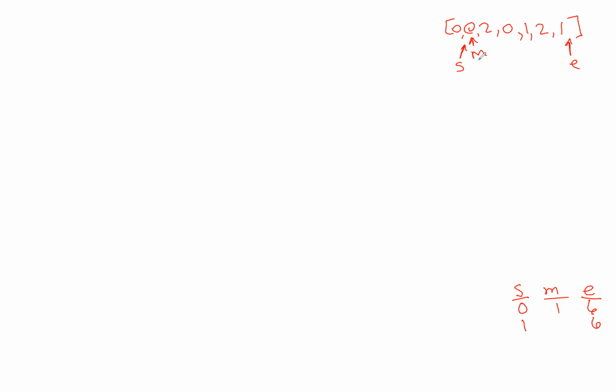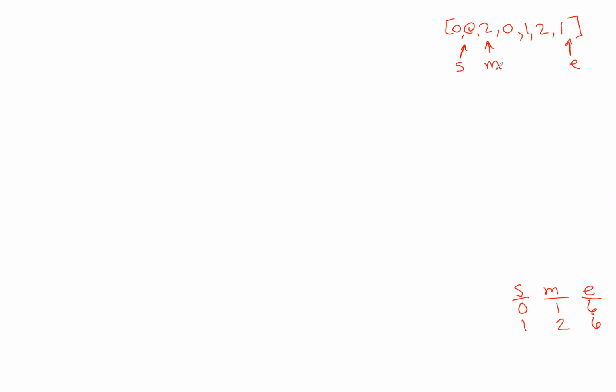Then we look at M, and if M equals 1, we would want to increase it, but it doesn't. However, M does equal S, and we don't want that. So we increase M to the next spot. Now M is at 2, and S is 1.